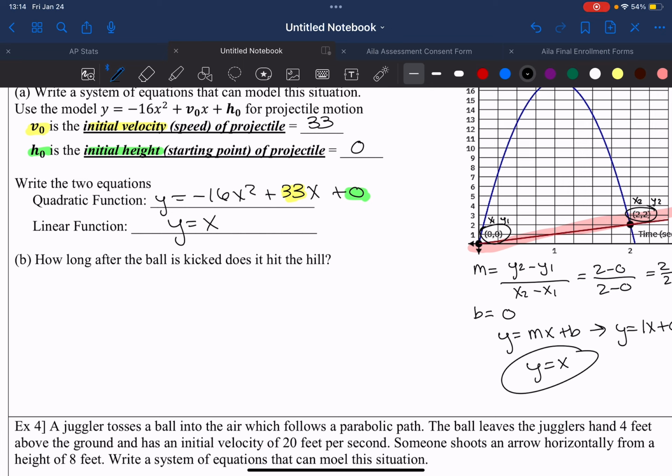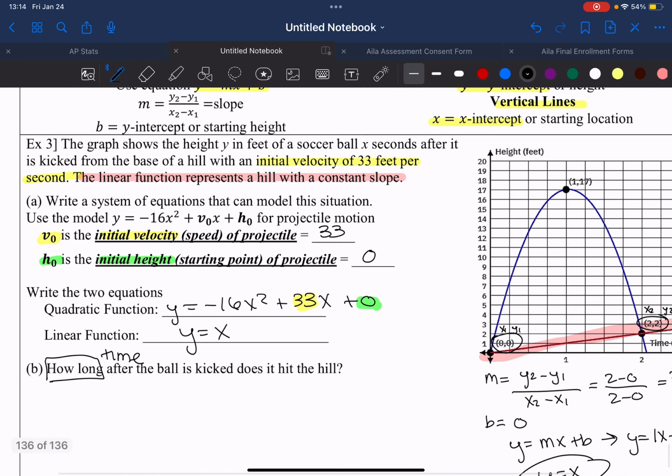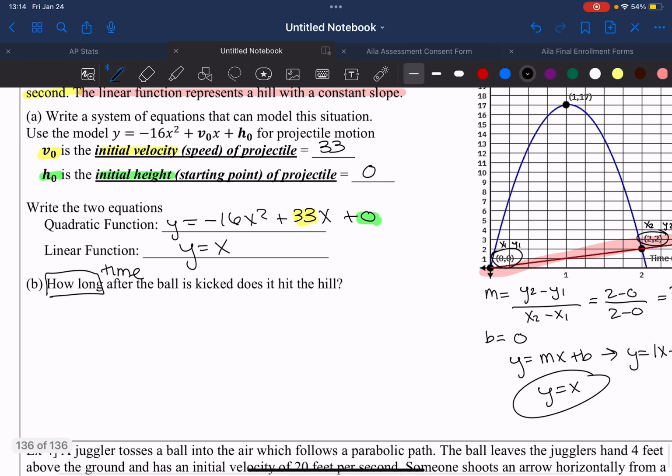Part B says, how long after the ball is kicked does it hit the hill? How long means we're finding time. And if you go up to the problem, time is x, because it says x seconds. So that means we only need to find x.